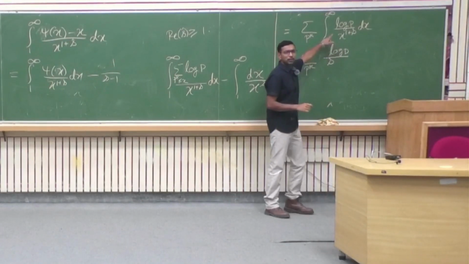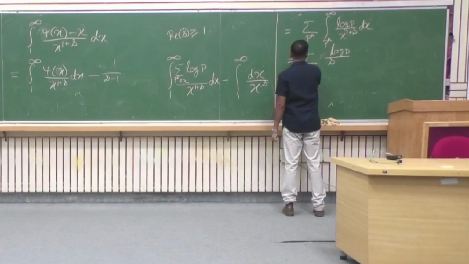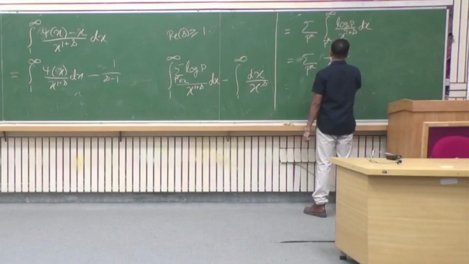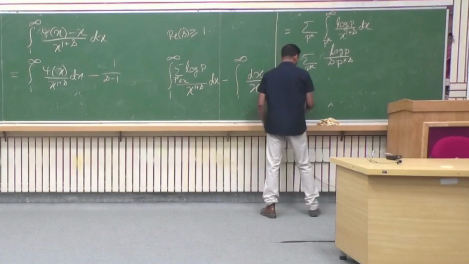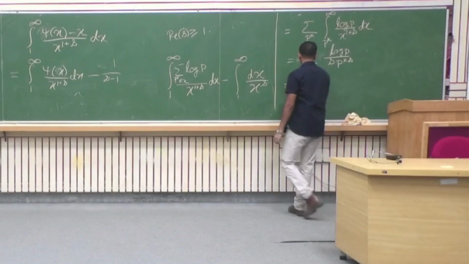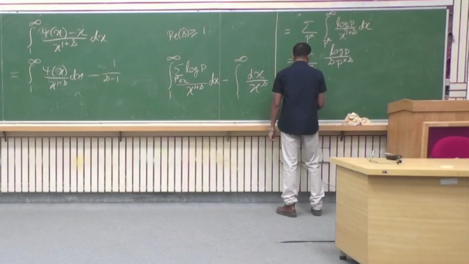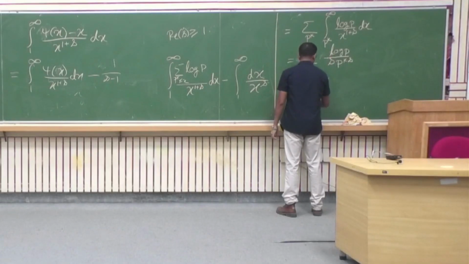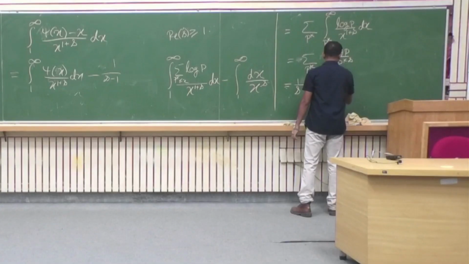Wait a minute, there should be a minus s first, and after taking the limit, that negative sign will go away, right? So this is s times p power ks, right? So that becomes 1 by s times the sum over p^k of log p by p power ks.